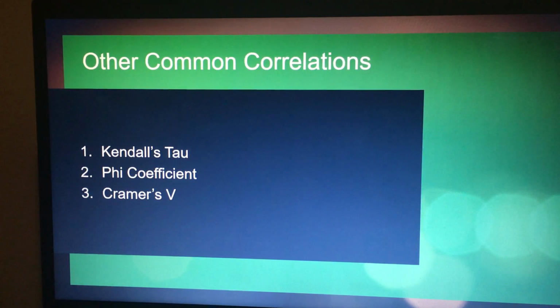Like Pearson's r and Spearman's rho, Kendall's tau ranges from -1 to +1. A value of +1 means a perfect positive relationship, and -1 means a perfect negative relationship. 0 means no relationship.